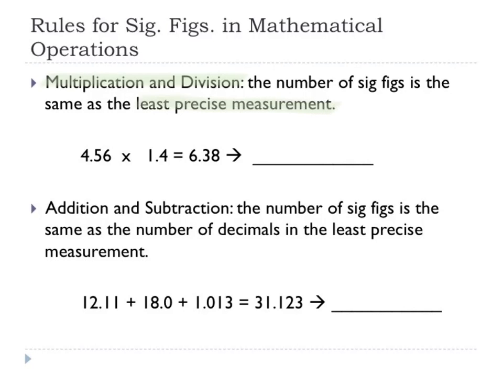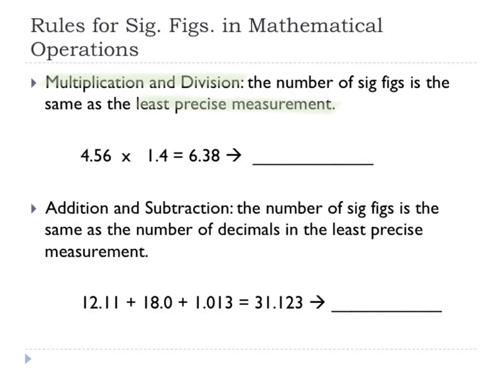So you are only as strong as your weakest link. If you have an instrument that measures up to 10 significant figures, and then you are using an instrument that only measures up to 2 significant figures, and you multiply those together, well, our answer is only going to go to 2 sig figs. Okay?